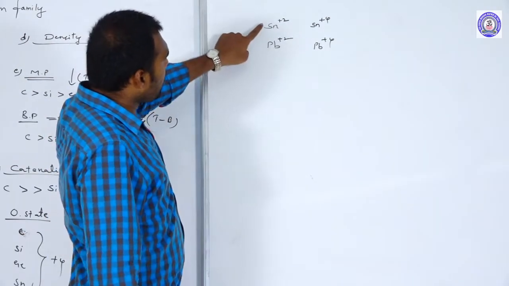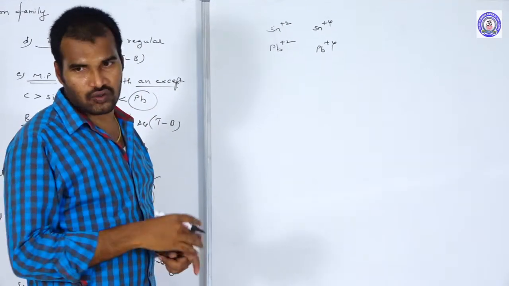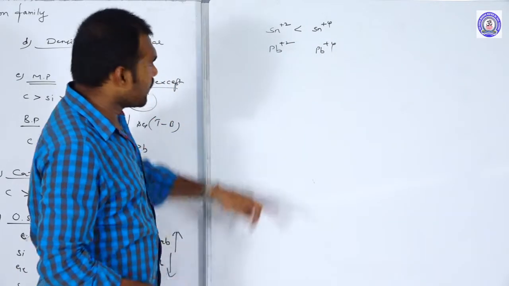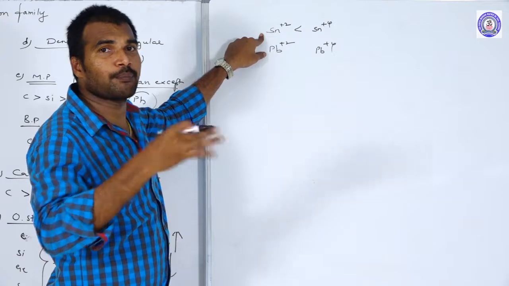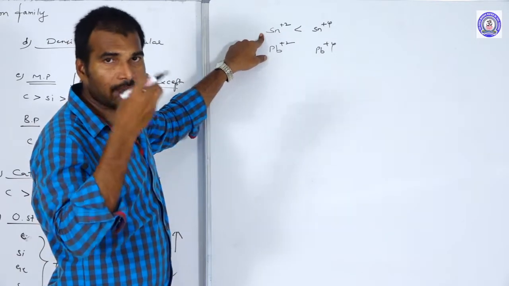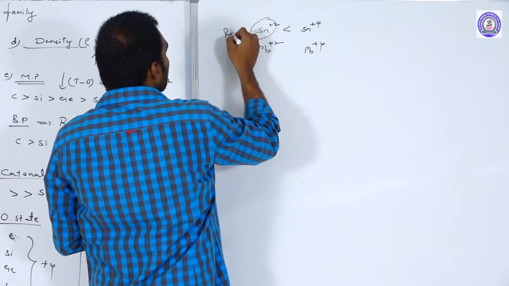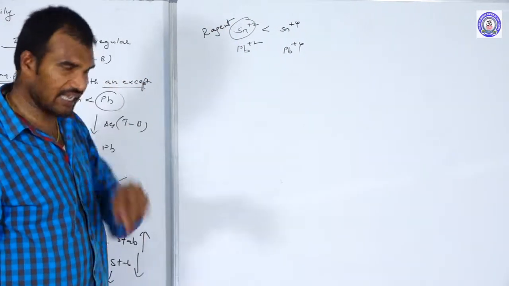When we compare Sn+2 and Sn+4, the +4 oxidation state is more stable. That means Sn+2 happily releases 2 electrons, happily undergoes oxidation, and acts as a strong reducing agent.